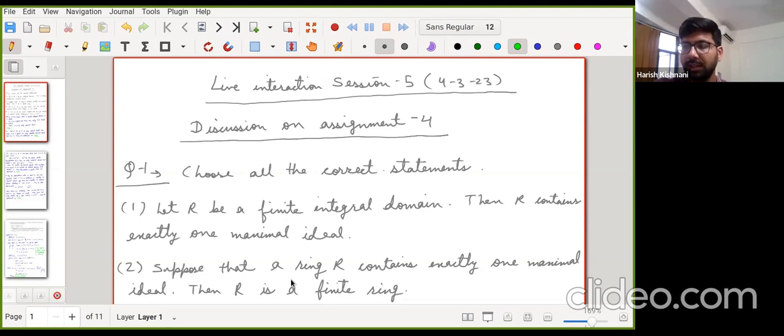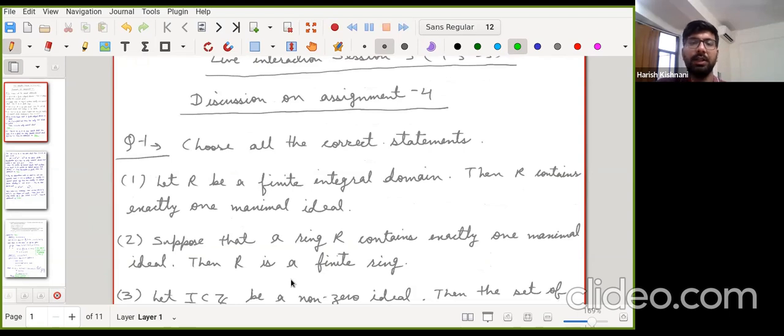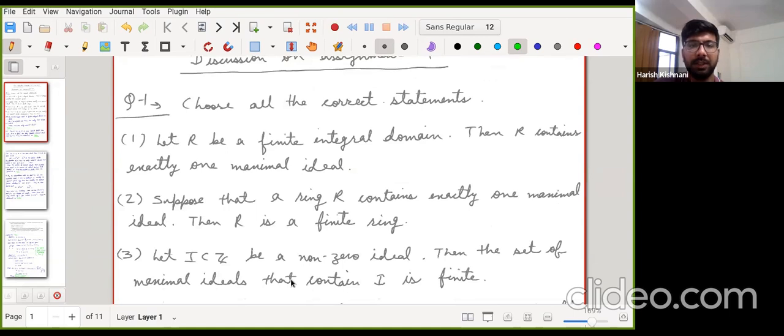So in lectures we have already seen that a finite integral domain is always a field, and a field has just two ideals, 0 and the entire field, and so there is only one maximal ideal, the 0 ideal, and that's the only proper ideal. So the first statement is correct, that if R is a finite integral domain, then R contains exactly one maximal ideal.